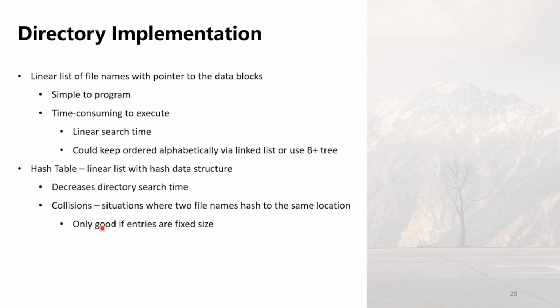Because of the nature of the hash function, such as the bucket size being predetermined, it is more advantageous for entries of a fixed size and less supportive of dynamic size changes.